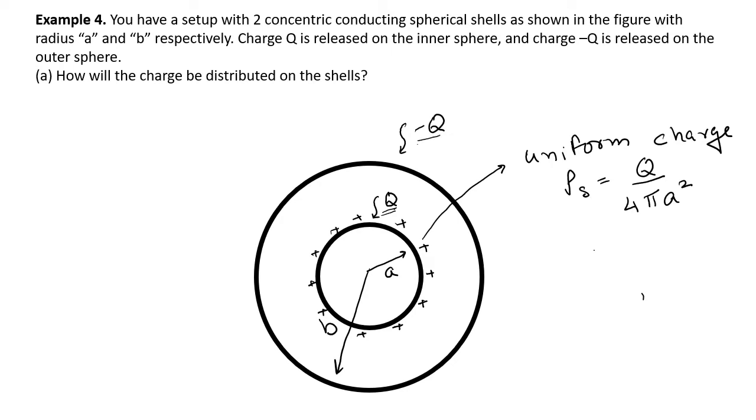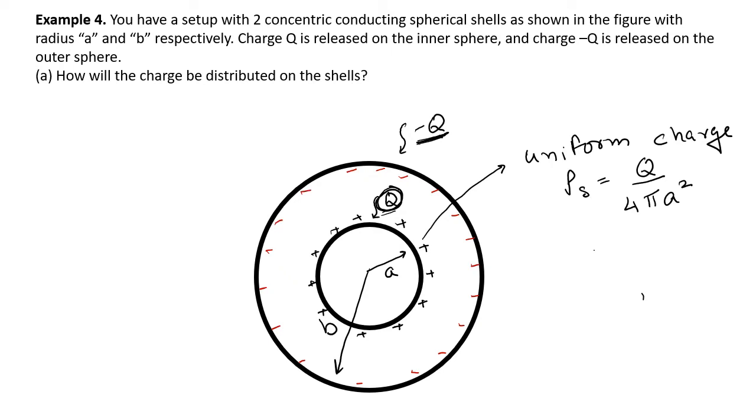Where would this minus Q charge go? To think of it, this minus Q charge would be attracted to this plus Q charge. It wants to go and meet this plus Q charge, but it can only go to the surfaces. So this minus Q charge will come and sit on the inner surface of the outer conductor.